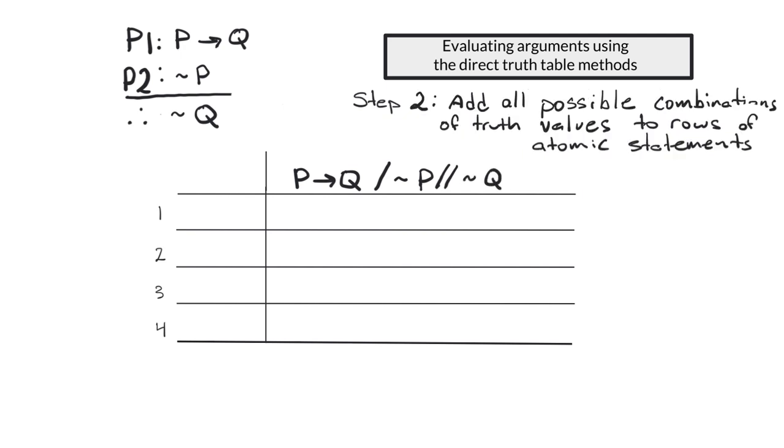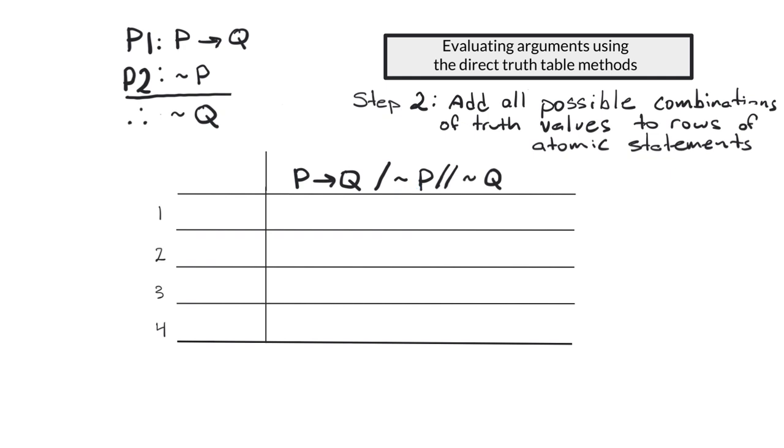So there we go. The next step is to add all the possible combinations of truth values to the rows of the atomic statements. So what we have right now is we've got P and Q. So we're going to use those. We don't need an extra row for a negated atomic sentence. We can handle that over here in the truth table.